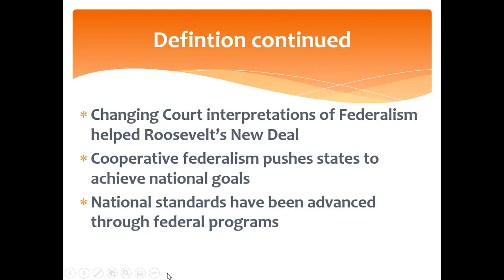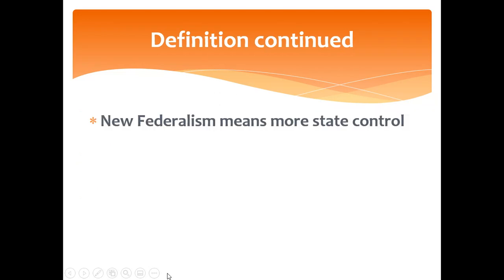So this marble cake federalism, this cooperative federalism, starts in 1937. It goes until the late 1960s, early 1970s, when we enter into something called New Federalism. New Federalism is an idea that is put forth under President Nixon.